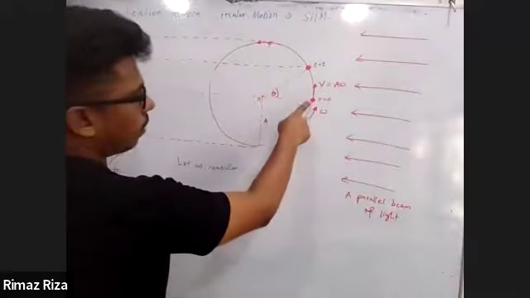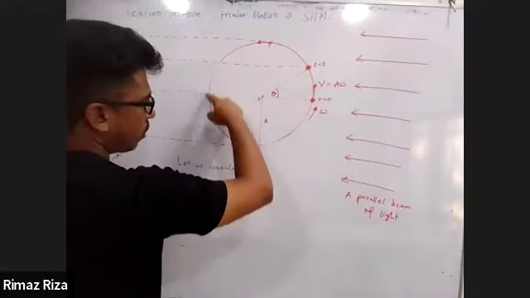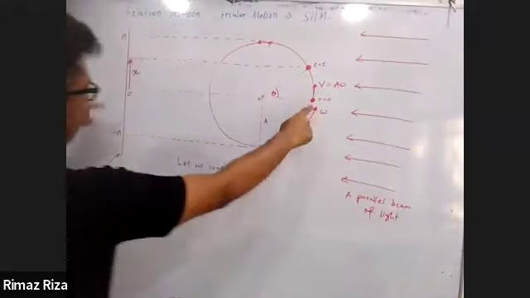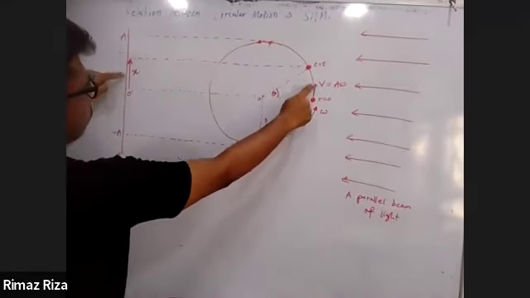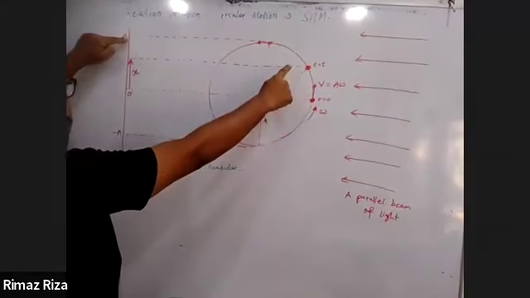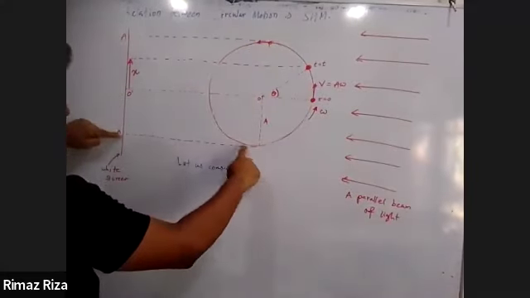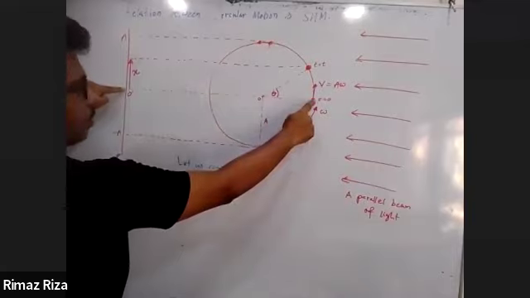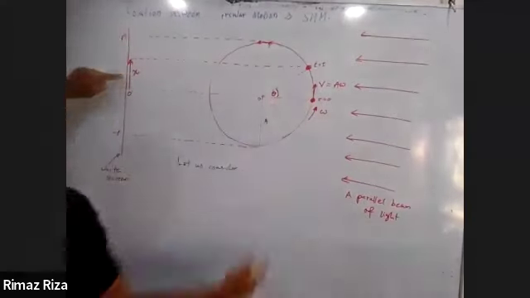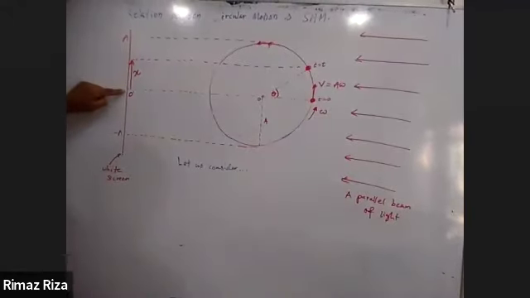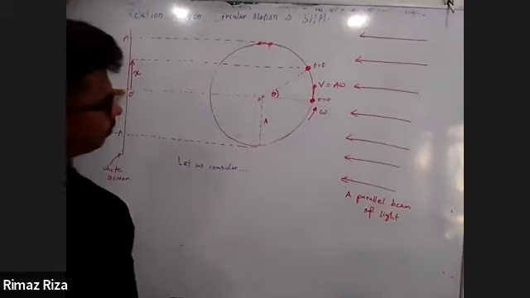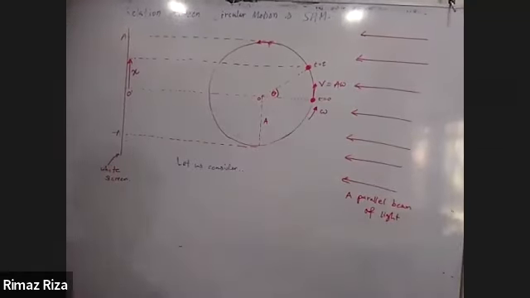So we can say when the particle in circular motion makes a complete cycle, you can see here when this goes here, this one is going here, then again comes here. So when this makes one cycle, this one makes one cycle, so the period times are the same.